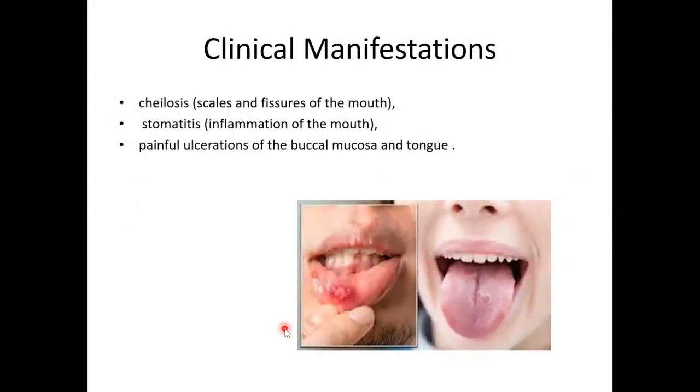So what about clinical manifestations? They're similar to those, and then there are specific ones for the folate deficiency. Number one, cheilosis, which is scales and fissures of the mouth. So they get inflammation of the mouth and sores in the mouth, stomatitis, inflammation inside the mouth right here. You can see painful ulcerations in the buccal mucosa and the tongue.